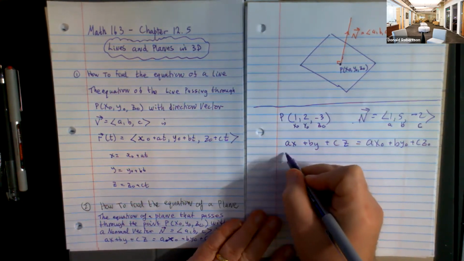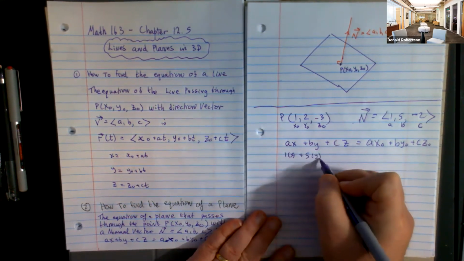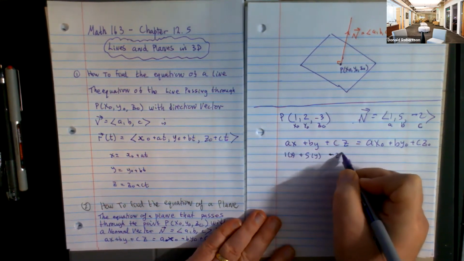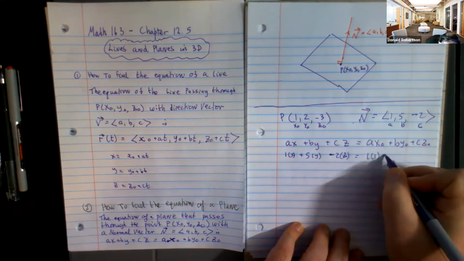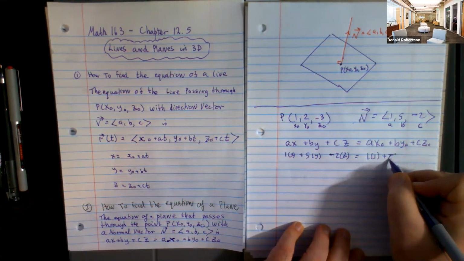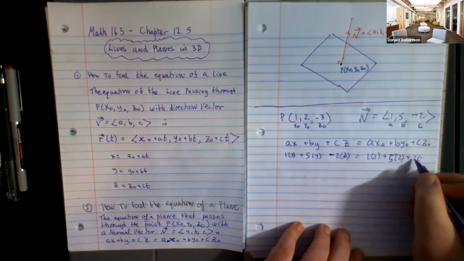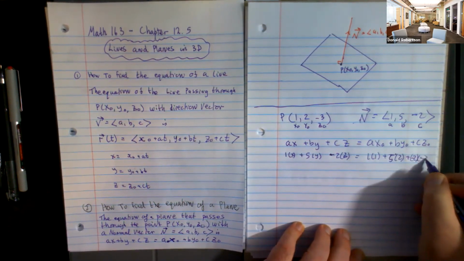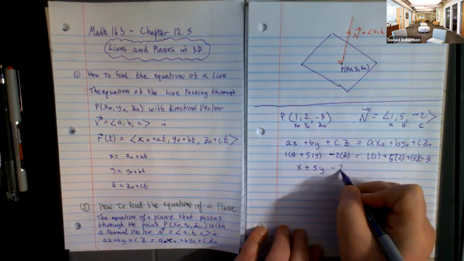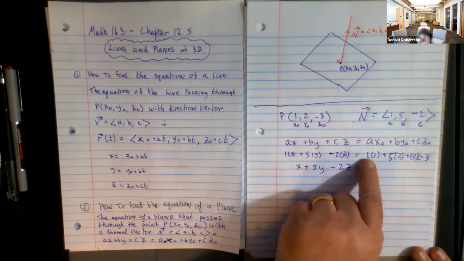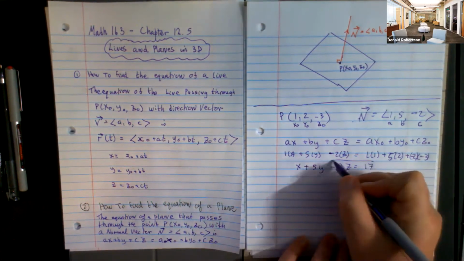And A is 1, so you get 1 times x plus 5 times y minus 2 times z is 1 times 1 plus 5 times 2 plus -2 times -3. So I get x plus 5y, take away 2z. 1, 10 is 11, 11 add 6 is 17. There is the equation of the plane.